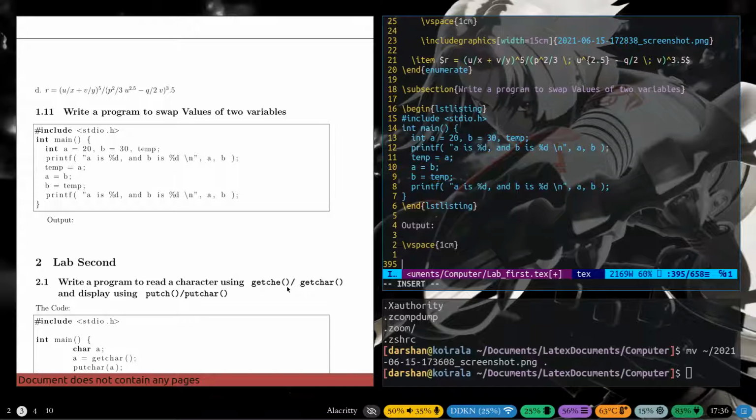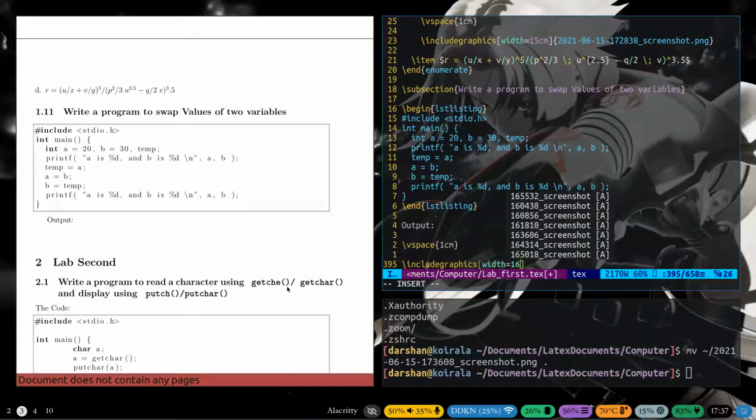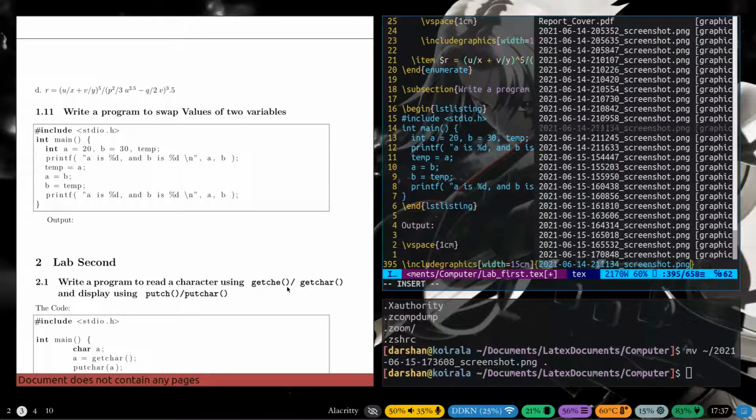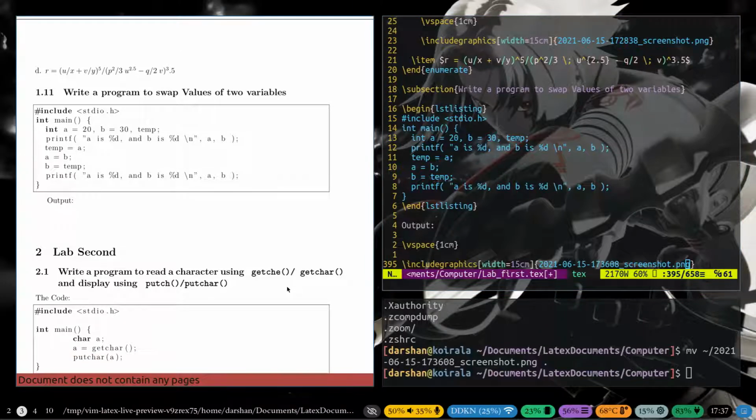Okay, and then, no. Well, what is it actually? What is it? Include graphics. Sometimes what happens is they go to 15 centimeters, and yeah, the last one. Okay, there's that.